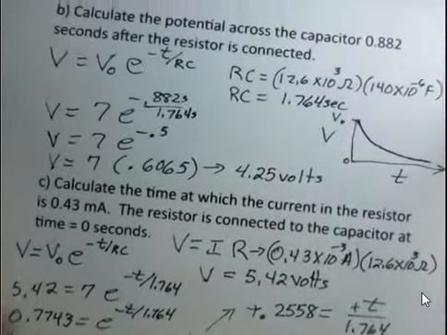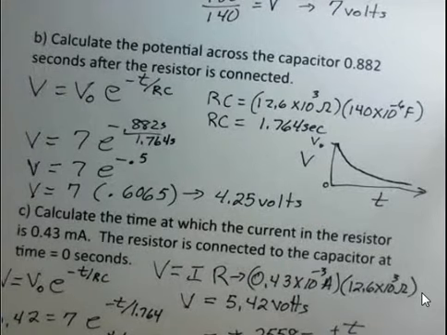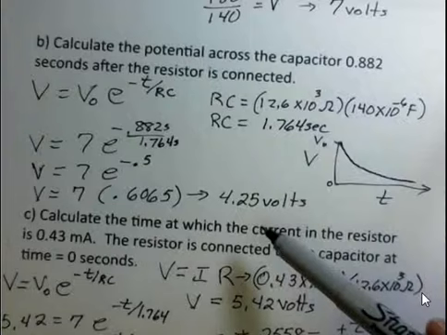So that's our situation here for our capacitor. This answer makes sense in comparing to the situation up here. When the time was 0.882, we were at 4.25 volts.